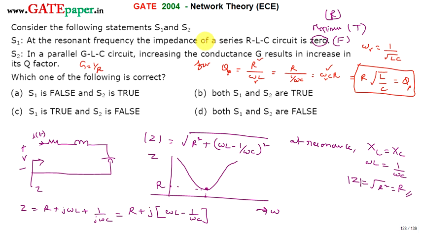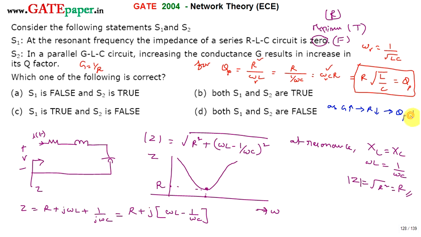Now we know the equation, so we go on to check whether the statement is false or true, for the parallel GLC circuit. As G increases, R is reducing, because G is equal to 1/R. So as R reduces, what happens to Q?